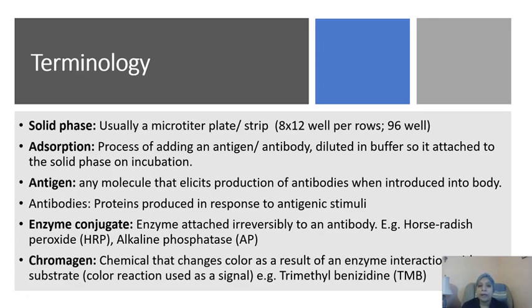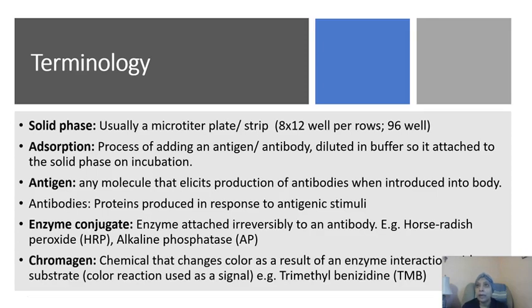And then we have this term enzyme conjugate. This is when you attach the enzyme irreversibly to an antibody. And this is usually going to be our detection molecule, so that we can detect it, solubilize it and quantify it. This could be horseradish peroxidase, HRP, or alkaline phosphatase, AP. These are the two main ones that we use.